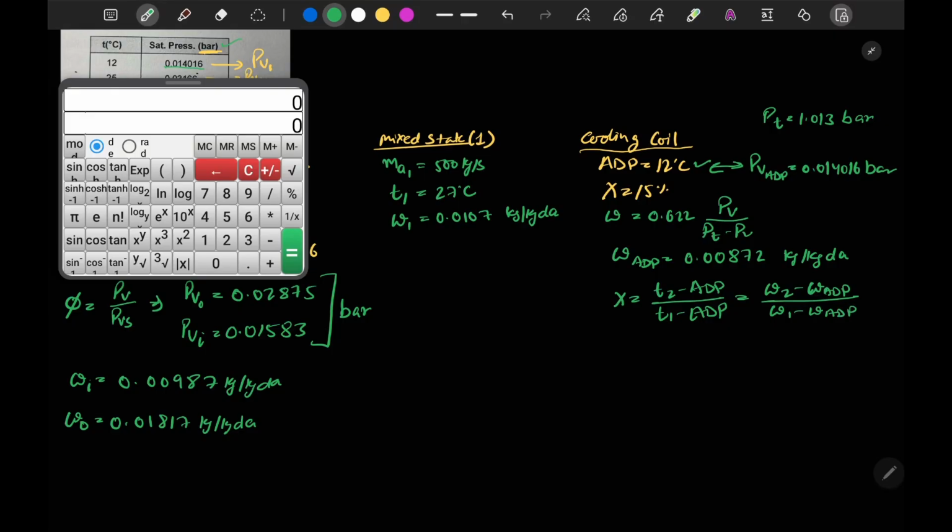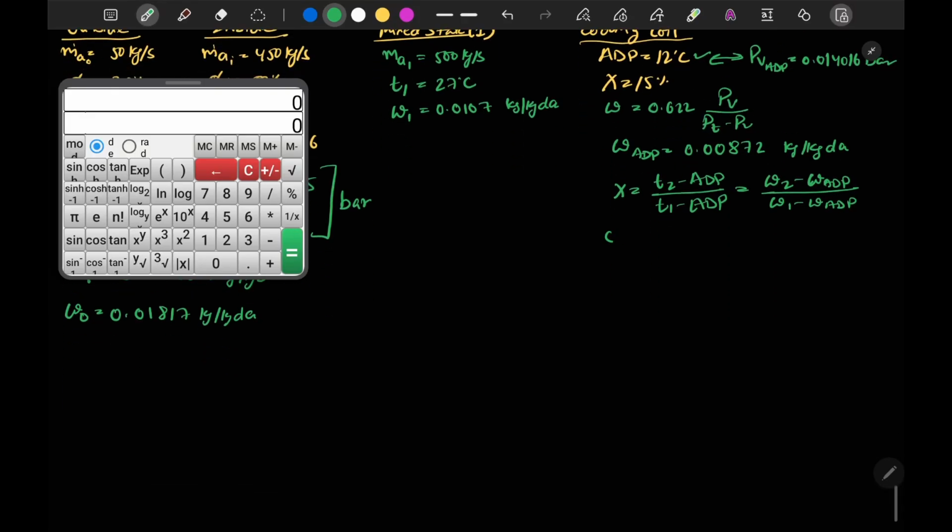Substituting all the values, X is given as 0.15, equal to T2, which we have to calculate, minus ADP value provided as 12, upon T1 we calculated as 27 minus 12, equal to omega 2 minus omega ADP we calculated as 0.00872, divided by omega 1 we calculated as 0.0107 minus omega ADP 0.00872.